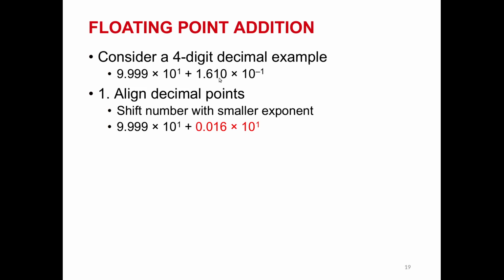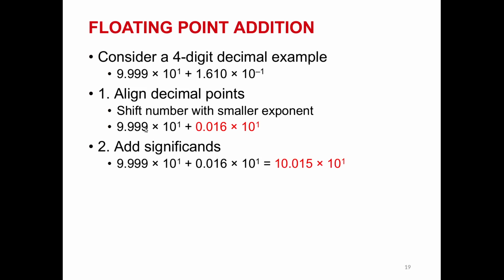Then we shift one more time to the right, and the exponent changes from 0 to 1, so the new number will be 0.016 by 10 power 1. Now both operands have the same exponent, so we can add the significands together, and we have the new value of this addition, which is 10.015 by 10 power 1.